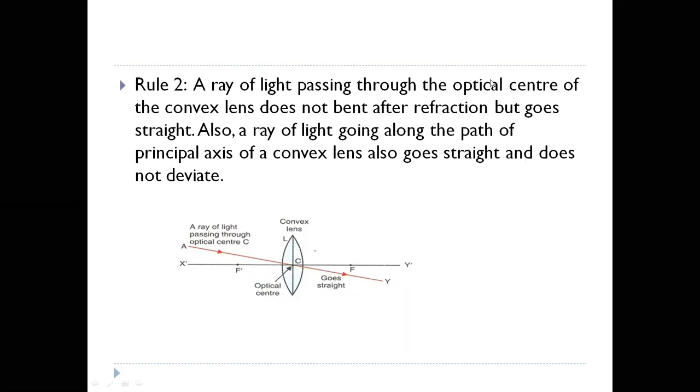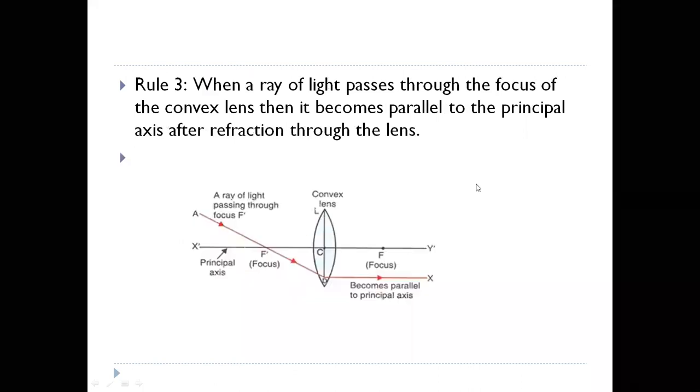Now just move to the third one. When a ray of light passes through the focus of the convex lens, after refraction it becomes parallel to the principal axis. To recap, the first rule: a ray parallel to the axis passes through the focus after refraction.